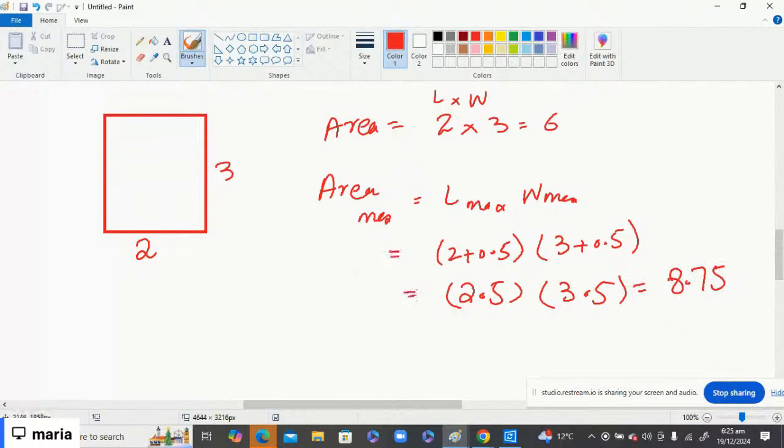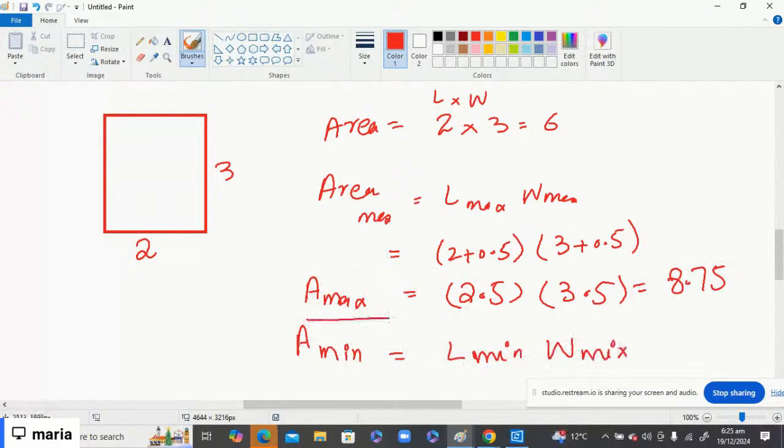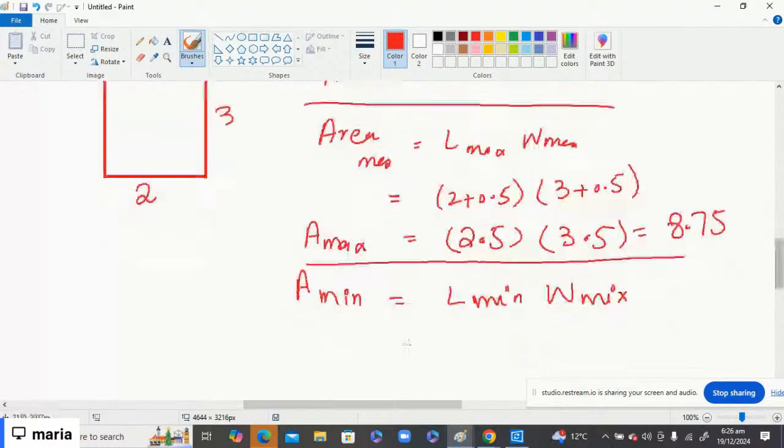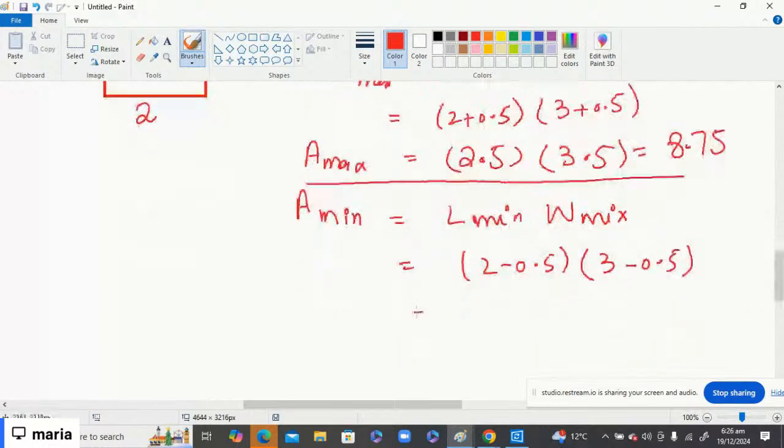Okay, this is the maximum area. Here is the mean area. Now for the minimum. Length minimum, width minimum. Now 2 minus 0.5, 3 minus 0.5. What's the answer for that? It becomes 1.5 and here it becomes 2.5. Okay, let's multiply 2.5 times 1.5.